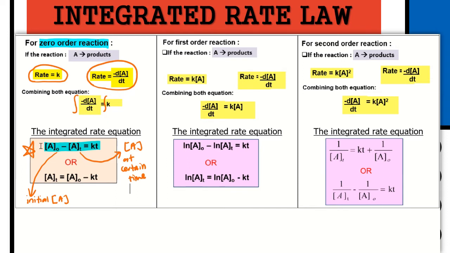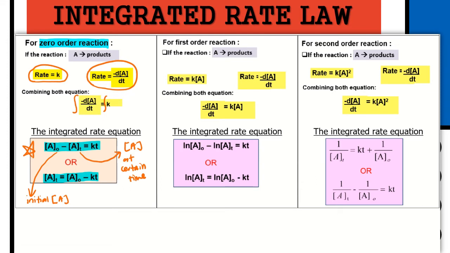So you need to make sure that you memorize this equation. It's either A naught minus A_t equals kt, or we can also use concentration A_t equals A naught minus kt. It's just a matter of rearranging the equation. The time here is either second, minute, or hour, depending on what type of data that we have. k is a constant value. So that's for zero order reaction.